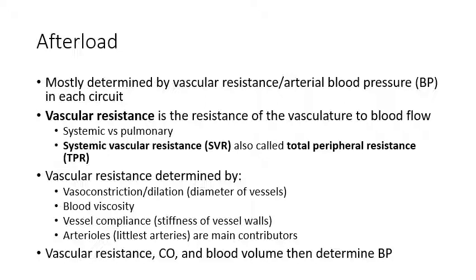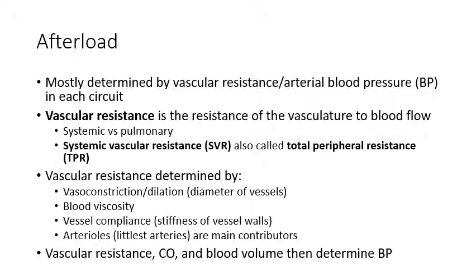lower cardiac output. Vascular resistance does not account for blood volume, which is the reason why you have to take into account blood pressure as well when you're determining what the afterload is, or if it's high or low. Blood pressure itself, though, is also determined by the vascular resistance and by the cardiac output and by the blood volume.